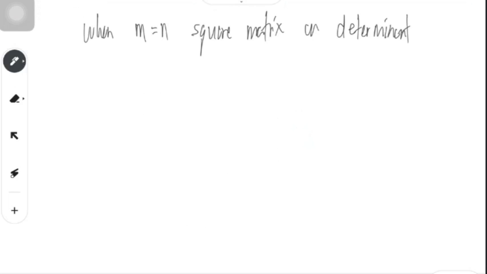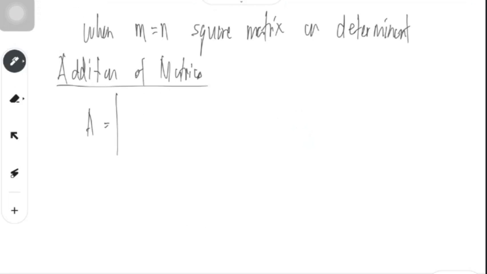So let's have the addition of matrices. Let's say given matrix A, whose elements are say A11, A12, then second row, A21, A22, then we have A31, A32.